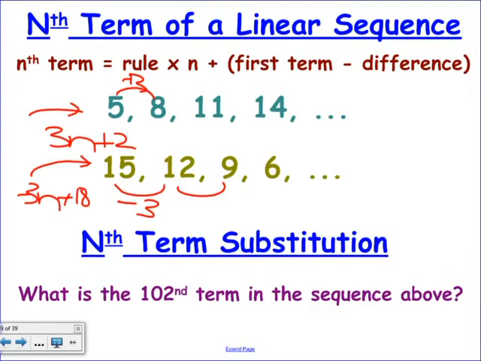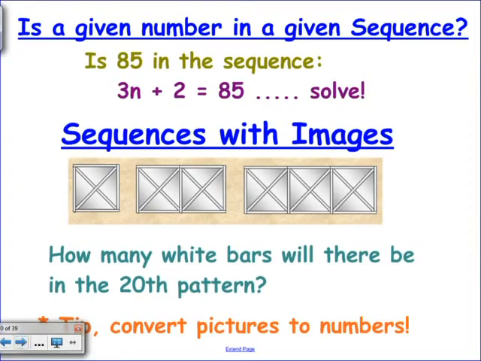Nth terms allow us to, like we did here, put in any value we like for a position and pull out a value. That's why we use it. It allows us to predict things. It also allows us to work out if a value is or is not part of a sequence.